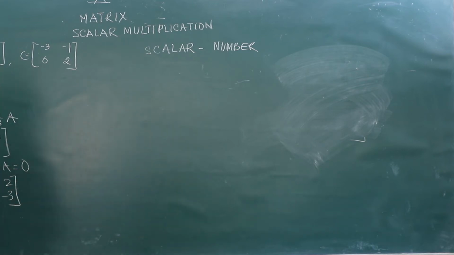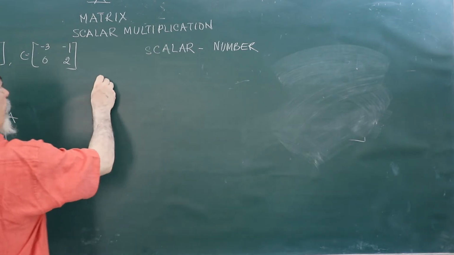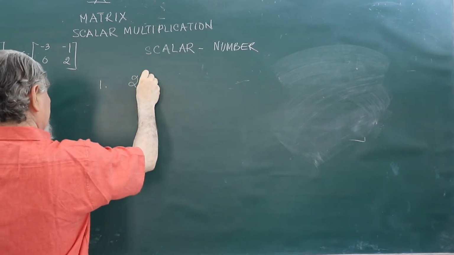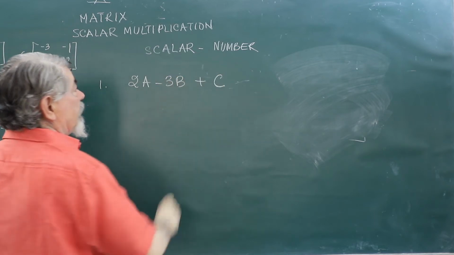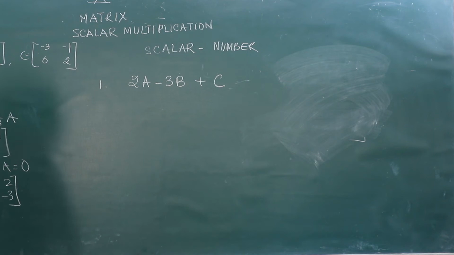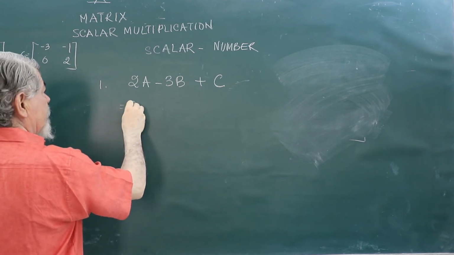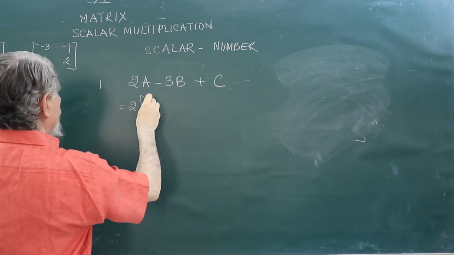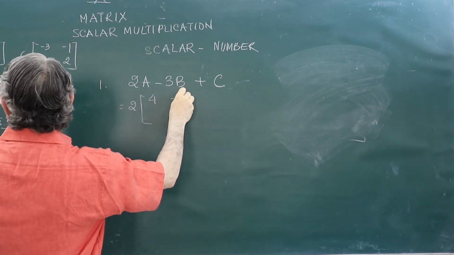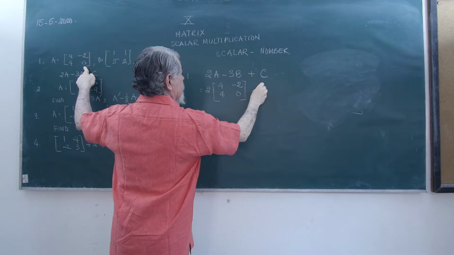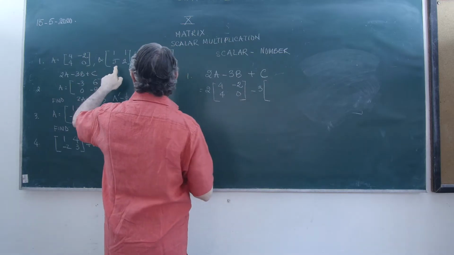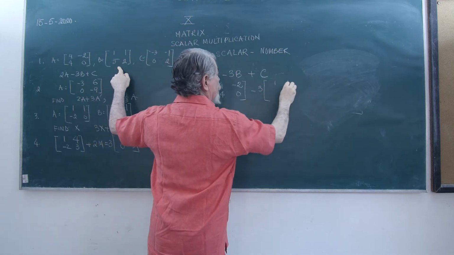A, B, C, and I have to find 2A minus 3B plus C, where A, B and C are matrices of the order 2 into 2. So let us write what matrix A is. Matrix A, according to this question, is 4, minus 2, 4, 0. Minus 3B, B is 1, 1, 5, 2.